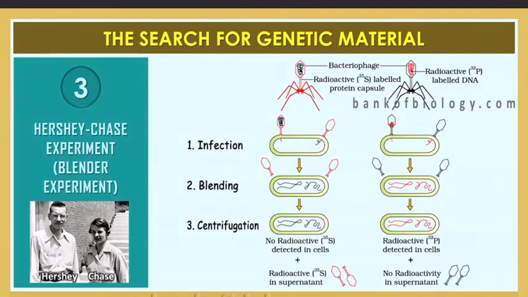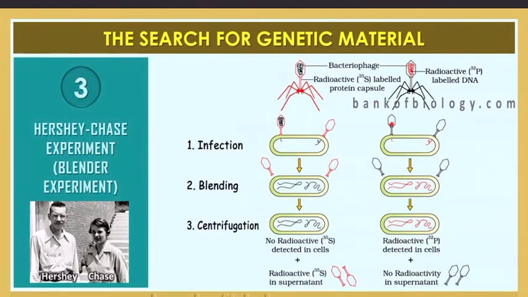DNA is radioactively labeled with P32, right? And when this infects bacteria, first is infection. This round one is the bacteria, and you are seeing the bacteriophages, that is viruses, infecting bacteria. That is infection. Second is blending. You see the nuclear material from the bacteriophage has entered into the bacteria. Here also you can see the nucleus has entered. Third, centrifugation and mixing. No radioactivity is detected in the cells.